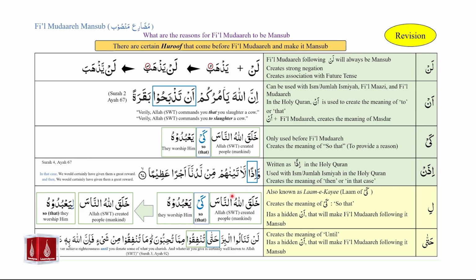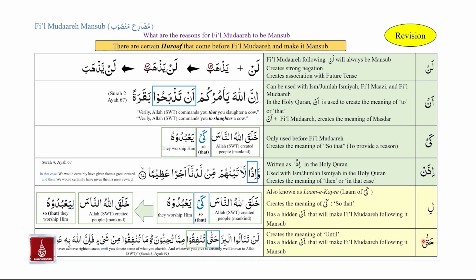Khalaqallahu nasa kai ya'buduhu can also be written as khalaqallahu nasa liya'buduhu. So now we have the use of lamikai instead of kai, and this lamikai is making the fi'il mudare after it mansoob. The fi'il mudare is mansoob because of the hidden an that is within this lamikai.